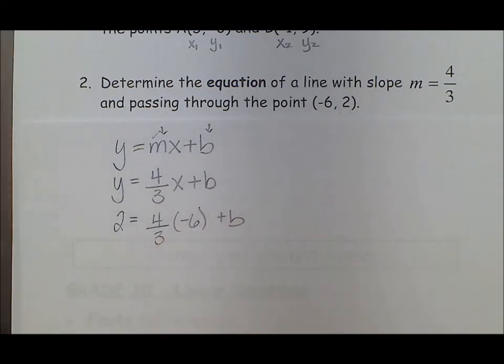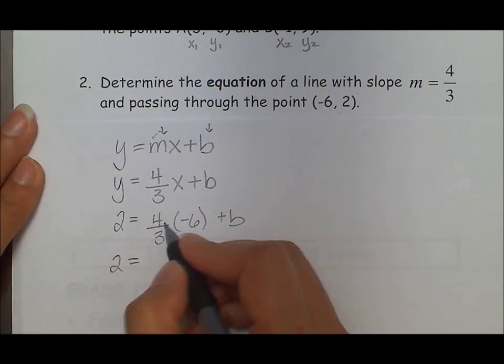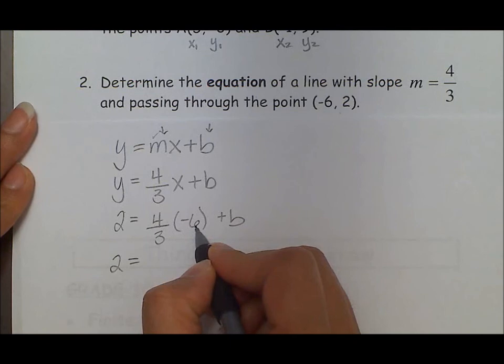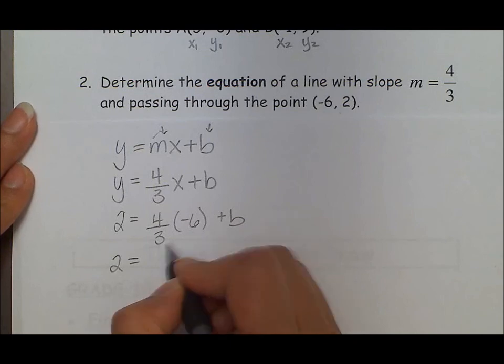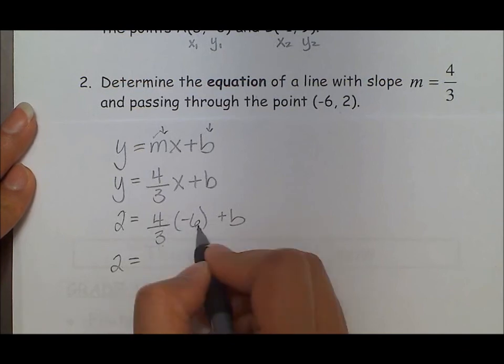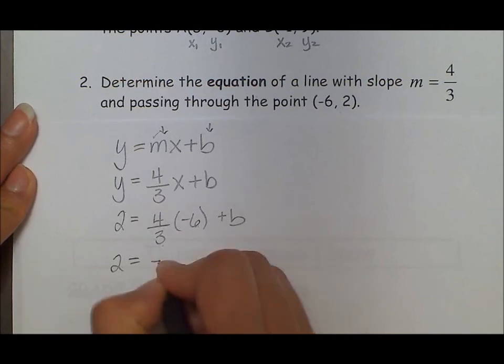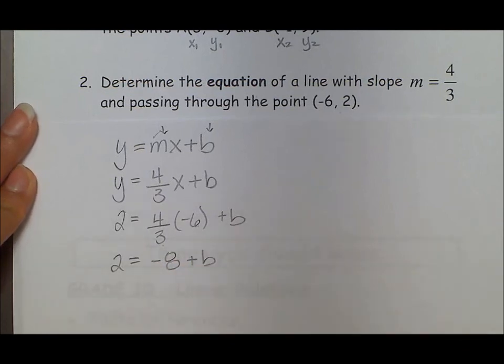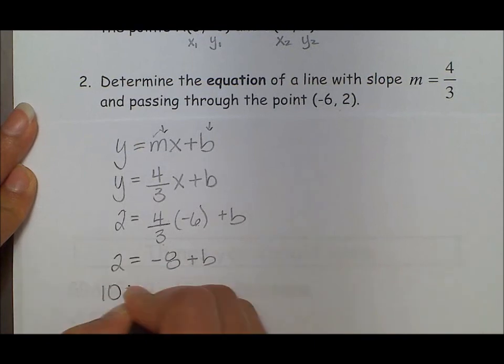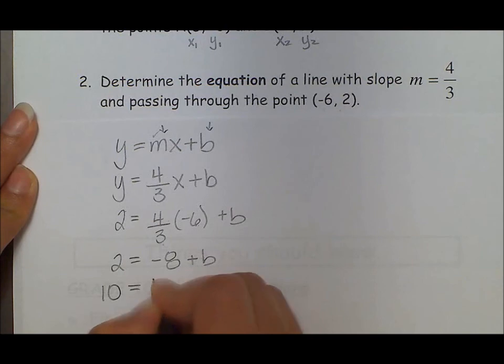So I have 2 equals 4 times negative 6, which is negative 24, divided by 3. Remember, the order of multiplication and division doesn't matter. So negative 24 divided by 3 is negative 8. Then I can isolate b by adding 8 to both sides to get 10 is equal to b.